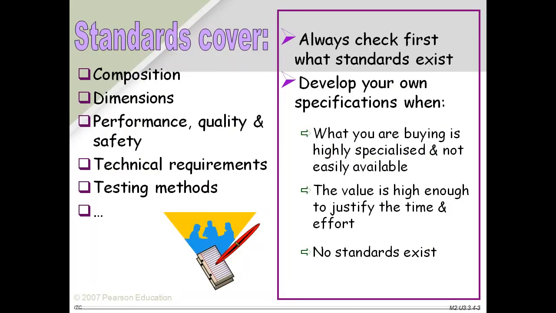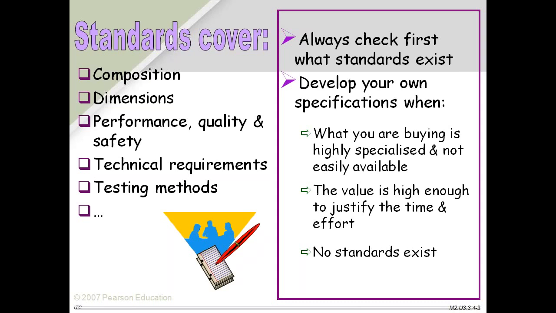Now, standards cover composition, dimensions, performance, and testing. As I was giving you the example of surgical gloves, they could be made of natural rubber. Then I have to give the composition of the natural rubber as a mix. Again, I have to give the dimensions, performance, quality, safety of the gloves, and technical requirements in terms of how much tolerance is allowed, because the thickness of the fingers in the gloves could vary from one end to another.